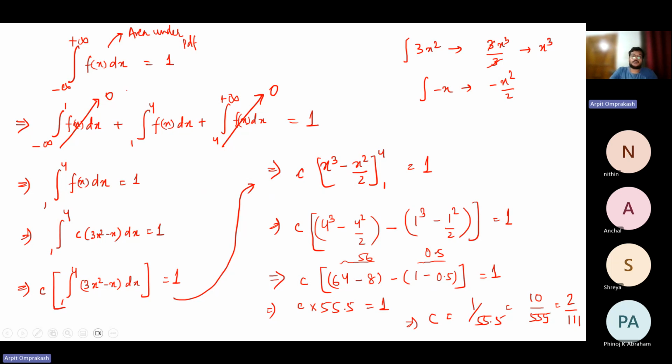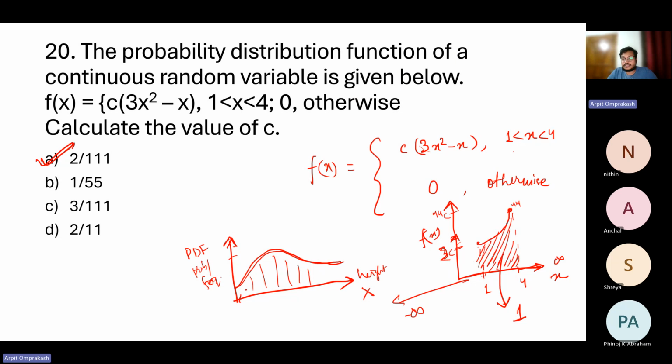And now what we are doing after that is, since we know that this function is 0 in most of the places, but it takes a certain form between 1 and 4, we are basically dividing the whole region between minus infinity to plus infinity into 3 regions. So we have one region from minus infinity to 1, one from 1 to 4, and one from 4 to plus infinity, right?